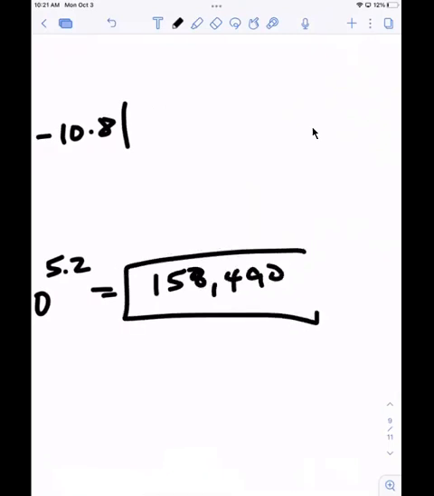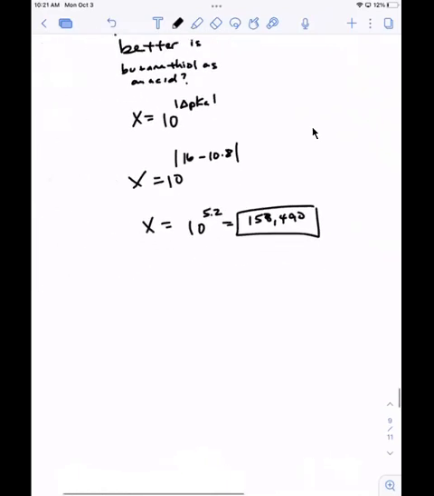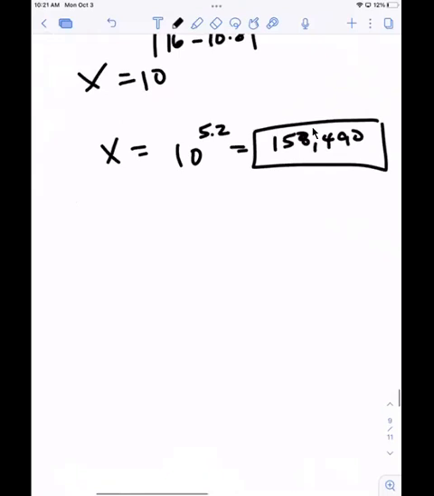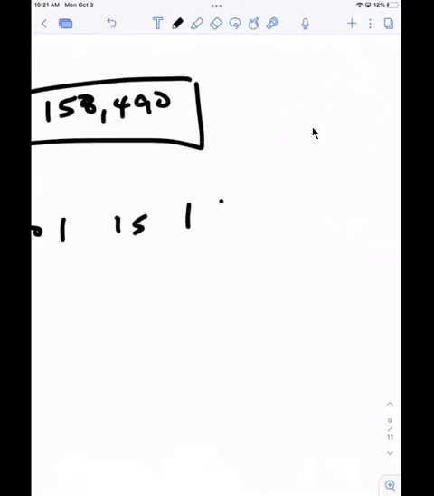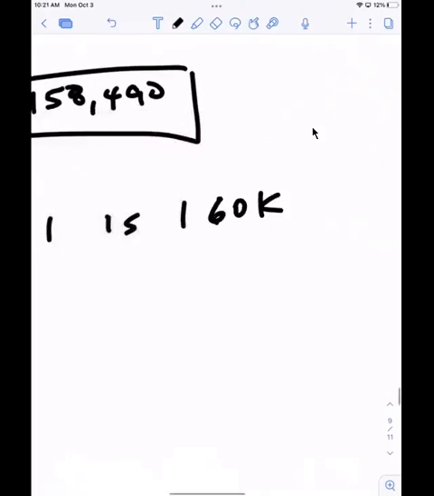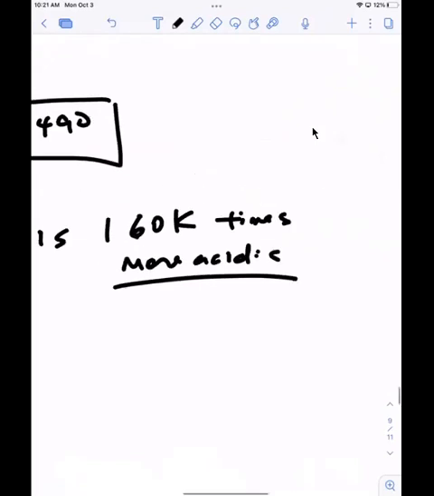Excellent. All right. So we can say that butane thiol, that's all one word, by the way, is, and we're going to round this up, let's say 160,000 times more acidic.